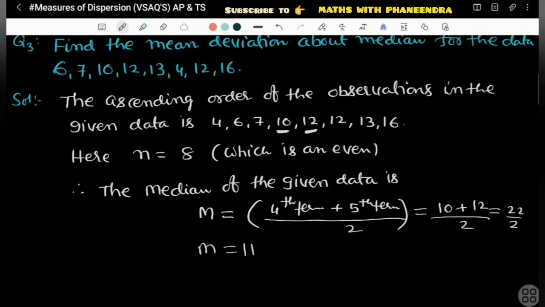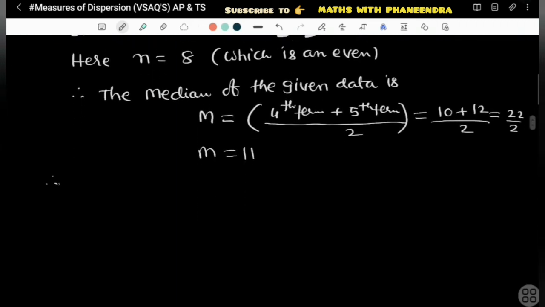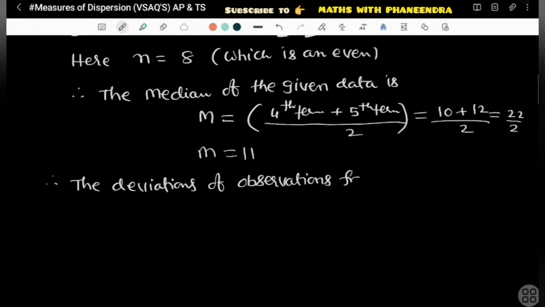So after getting these values, the deviations of observations from the median are mod xi minus capital M. What are there?